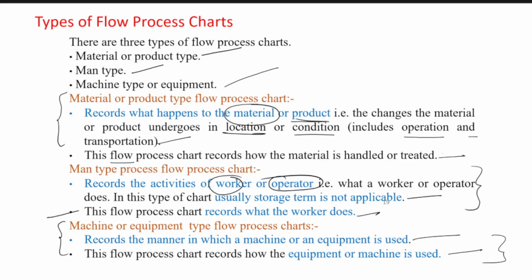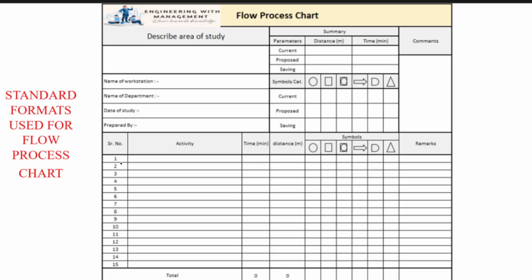Now let us look at the standard format for the flow process chart. So here I need to describe the area of study, then the name of the workstation, then the name of the department, date of study, and prepared by. Then in the summary, the parameters are mentioned. The distance and time need to be written.